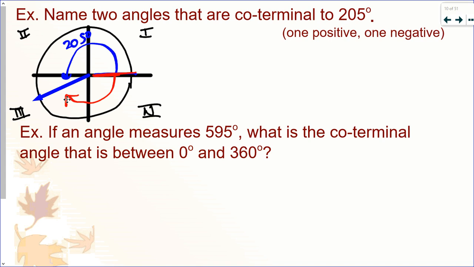So -360 would take us all the way around, but I want to stop right here at this blue ray. So this is -90 here. -90 from the start. So negative 180, we'd pass it a little bit. We'd be right here.